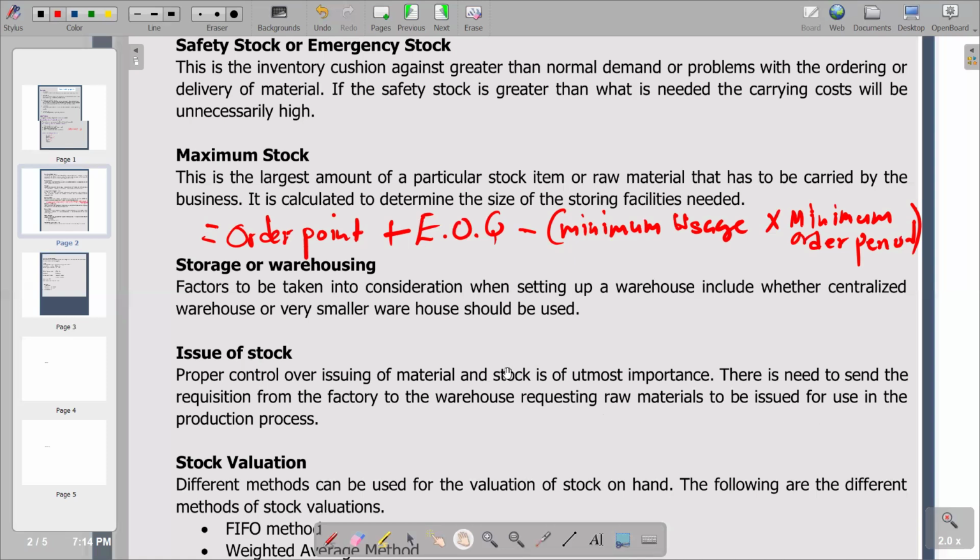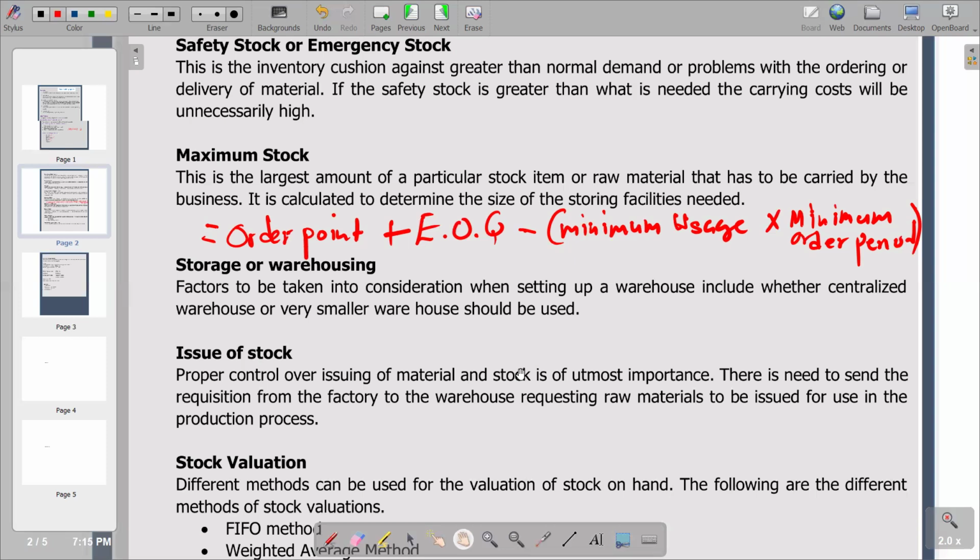After we have kept our stock in the warehouse, we have to issue it. If it's a producing company, it has to be issued to the production processes. If we are selling, it is supposed to be issued to the outlets where the stock is being sold. That is the process of issuing of stock.